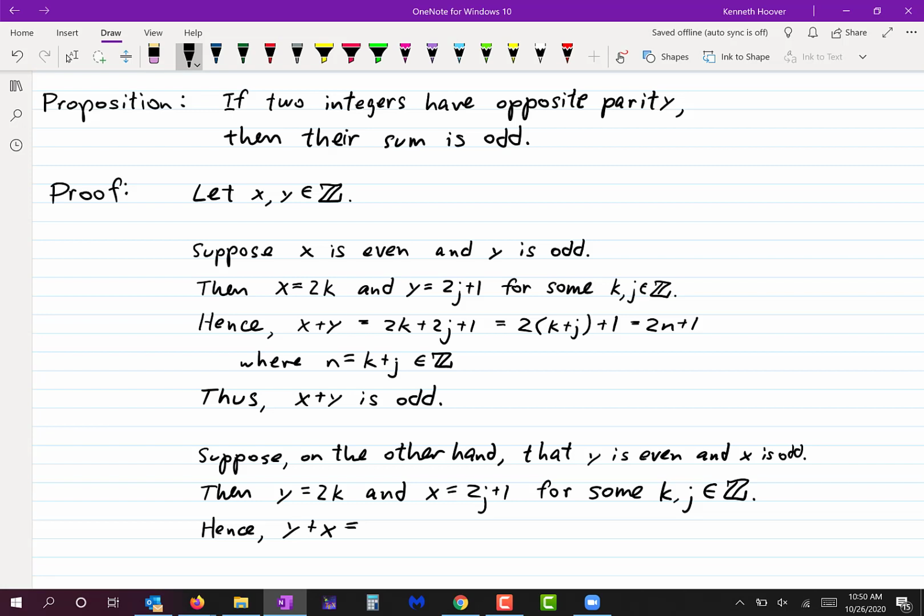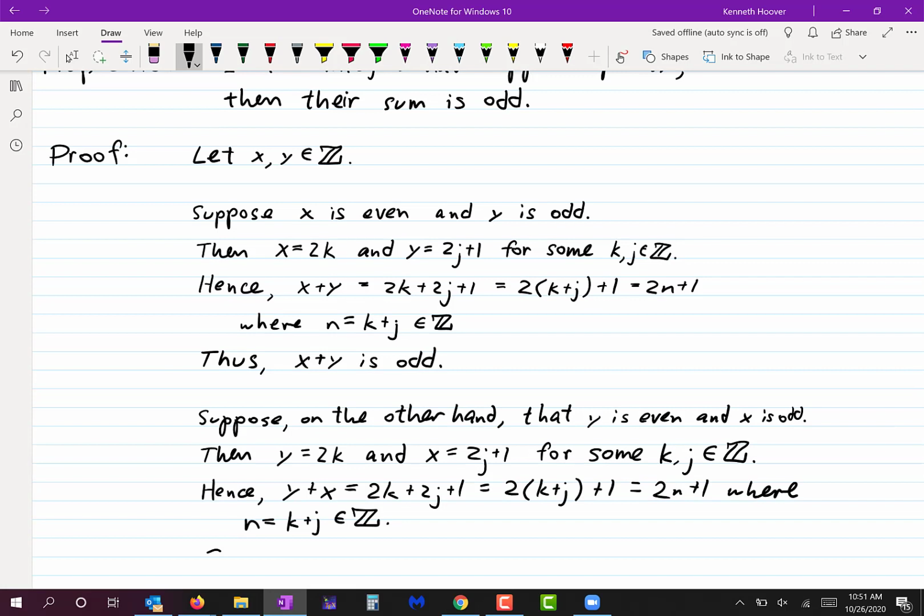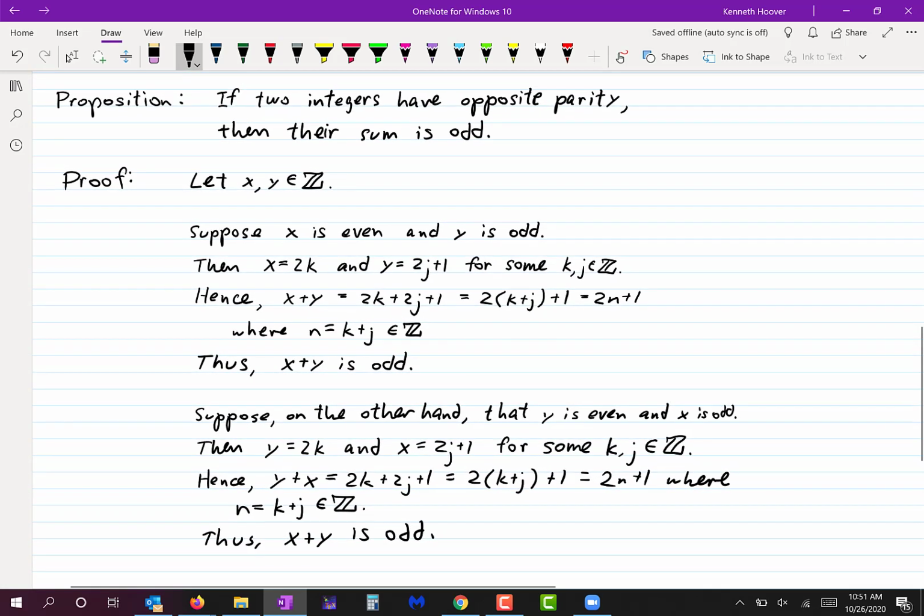It would equal 2k plus 2j plus 1, which equals 2 times k plus j plus 1, which equals 2n plus 1, where n equals k plus j, which is an integer. Thus, x plus y is odd. Okay, now, there we go. It's a very good proof. We did a proof by cases.